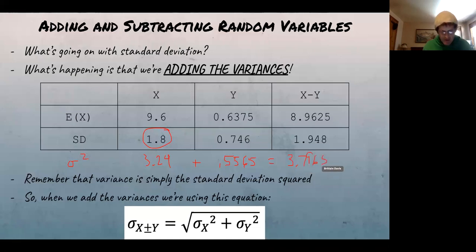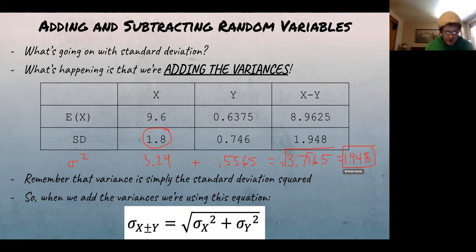That's where I'll round it. Now I'm going to take the square root of that because this is the combined variance. If I take the square root of the combined variance, that gets me the standard deviation. Let's make sure that works. The square root of that number is 1.948.